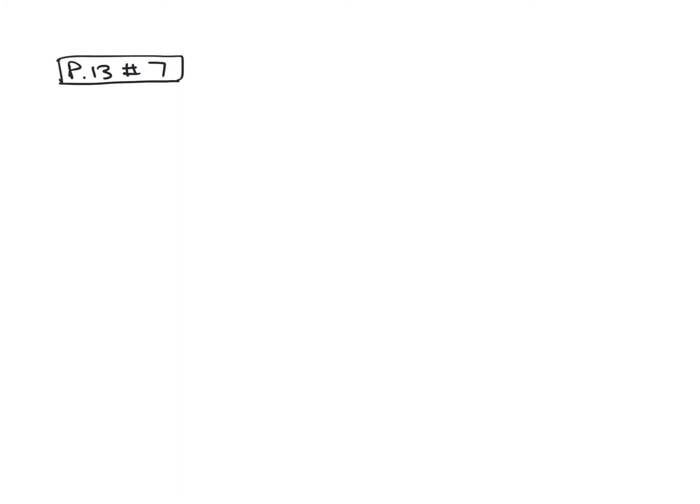And question 7. A person's displacement is 50 kilometers west. What is his final position if he started at 5 kilometers east? Okay, so let me just organize my information here. It's telling us that the displacement is 50.0 kilometers west.